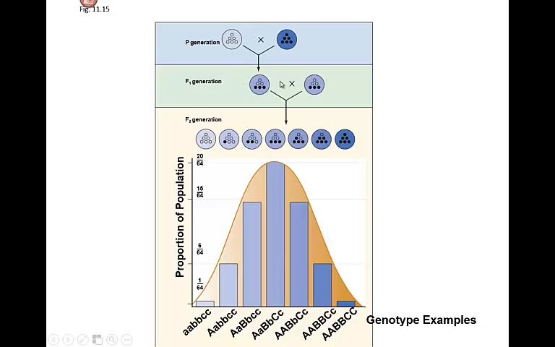If you cross two of these individuals, now the potential offspring could be a whole rainbow of different colors. You might have a child who's very, very dark skinned, you might have a child who's very, very light skinned. Most likely they're going to be somewhere in between, as you can see here, but anywhere within this bell curve is entirely possible.